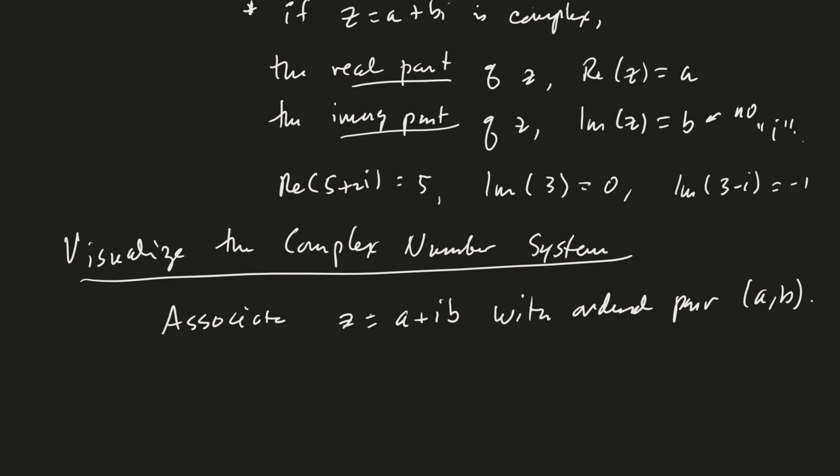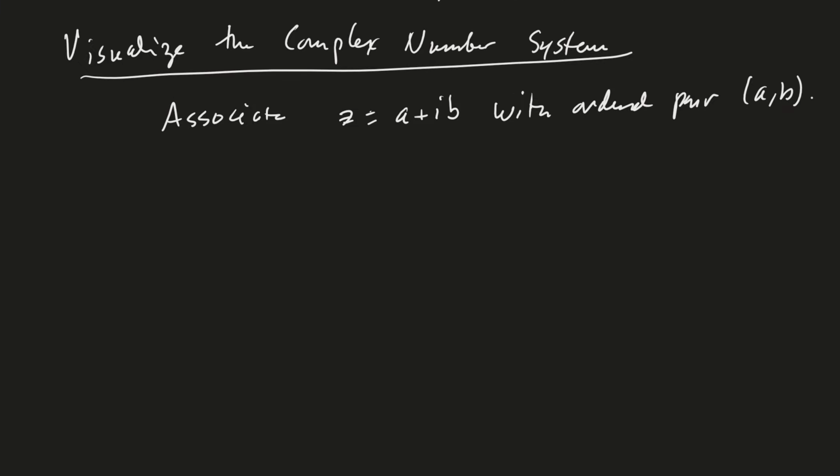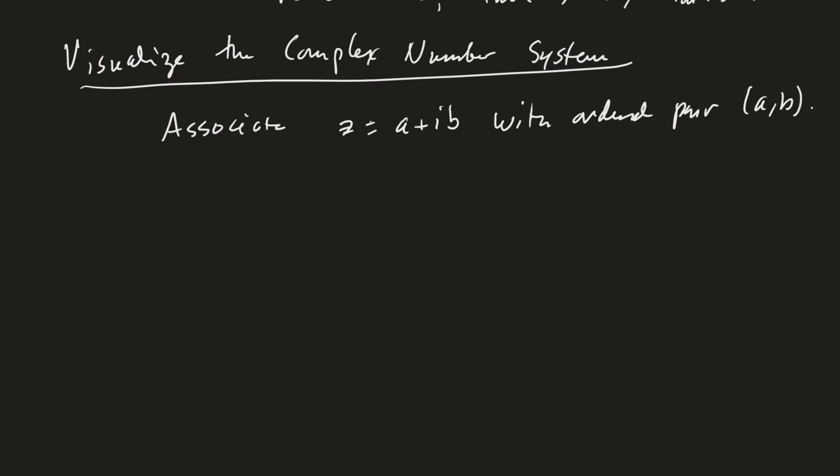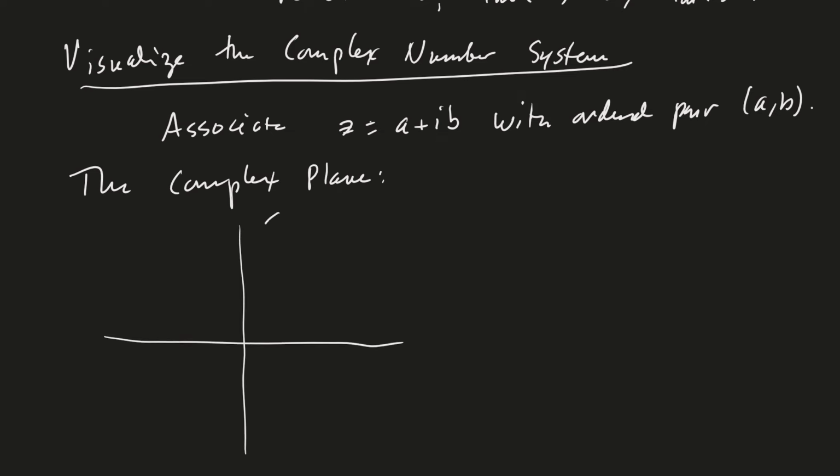And so therefore we can consider the complex number system in the plane, and in fact it's called the complex plane. So the complex plane is what you get when you do that. And the complex plane is denoted by a C with a line through it.